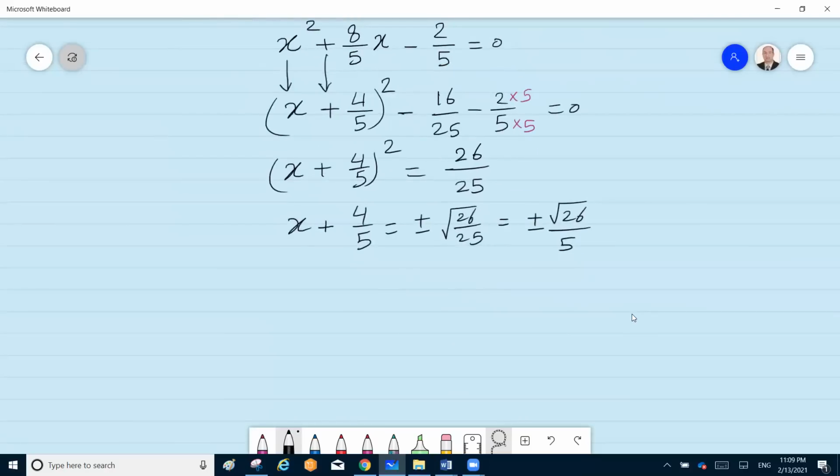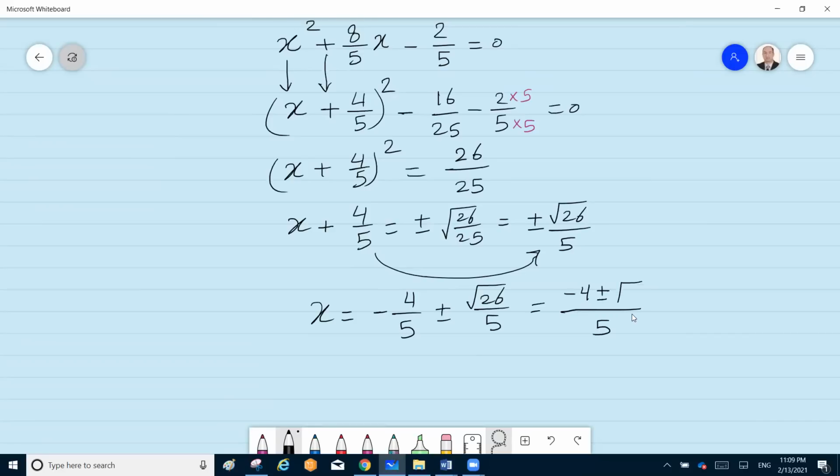After that, bring the 4 over 5 to the other side with the opposite sign. So x is equal to negative 4 over 5 plus or minus square root of 26 over 5, or in one fraction, because the denominator is the same, negative 4 plus or minus square root of 26, over 5. And these are two values, not only one: negative 4 plus radical 26 over 5, and the other one, negative 4 minus radical 26 over 5.